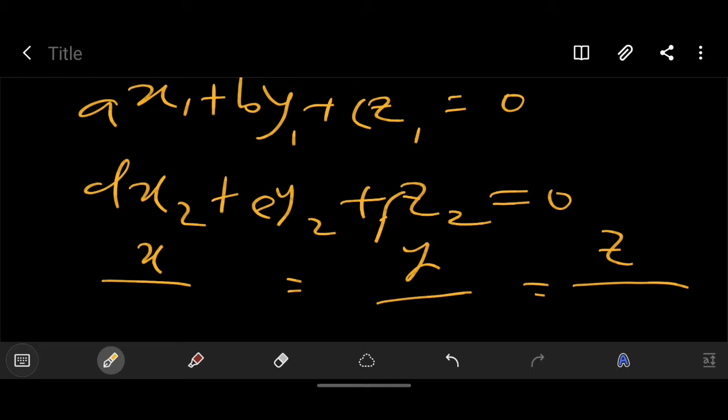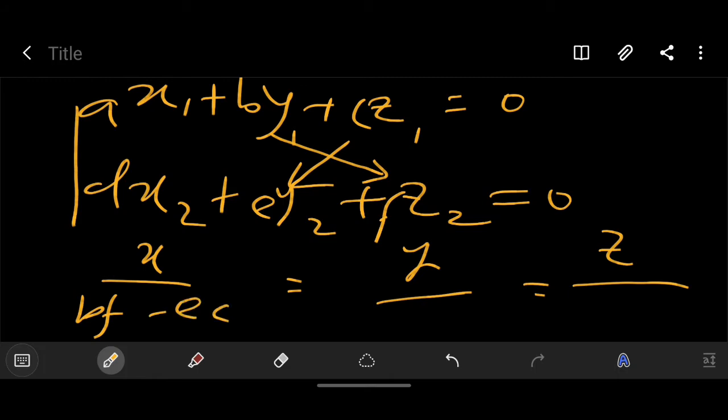To find the numerator of x, we exclude the x coefficient and cross multiply the y and z coefficients, which would be bf minus ec. And for y, we eliminate the coefficient of y and cross multiply the others. Just like that we used to find it.